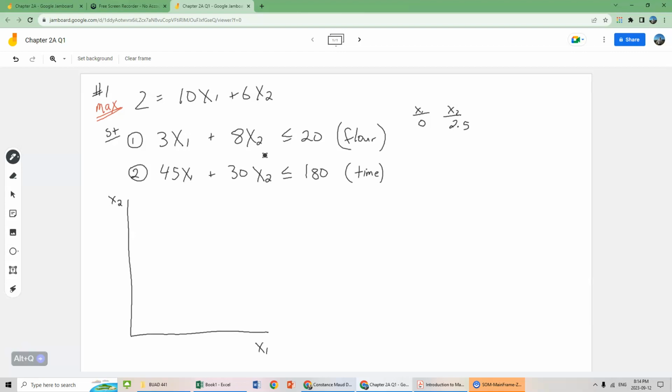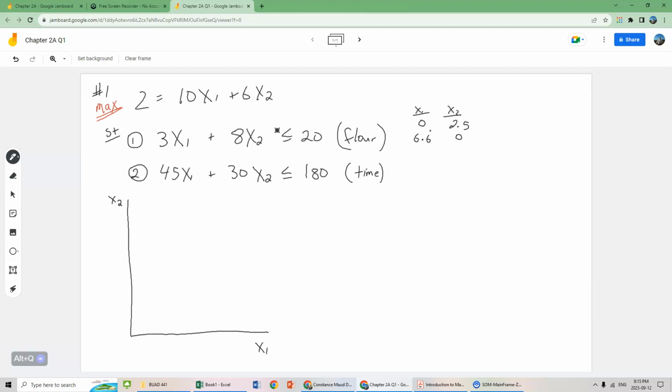Oops, not 2.5. And then we do the same thing, but substituting 0 in for x2. We solve for x1, so in the first constraint, 3x1 plus 0 equals 20. So 20 divided by 3 gives us 6.6 repeating.